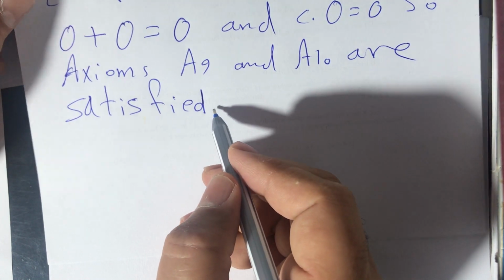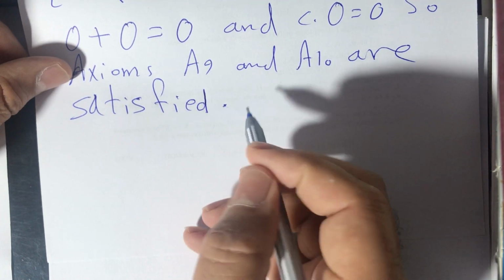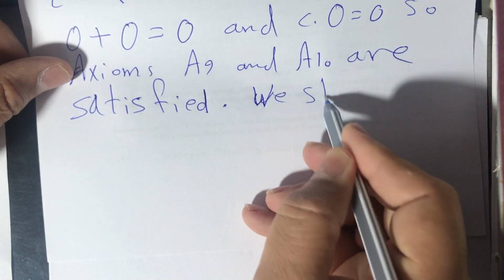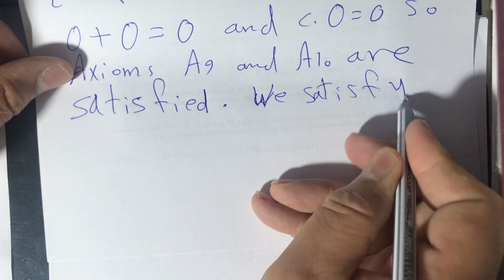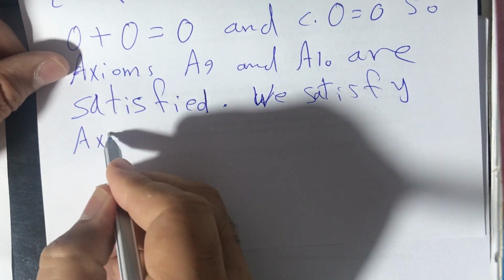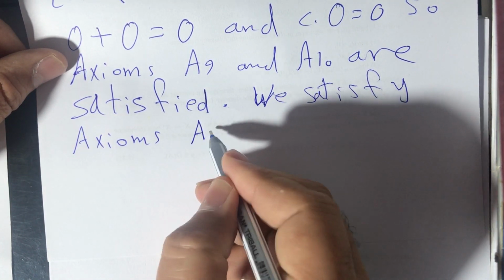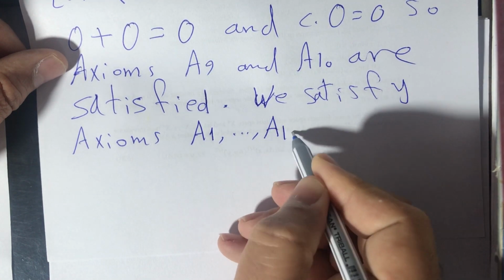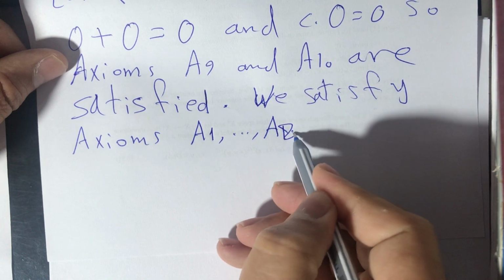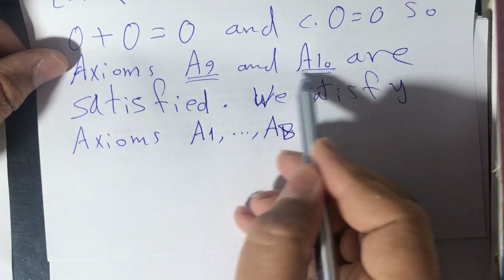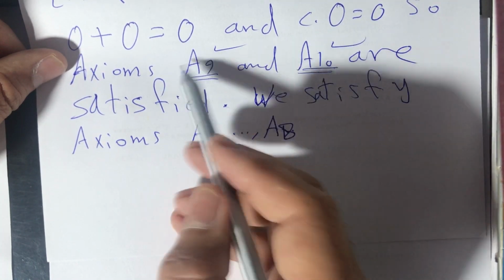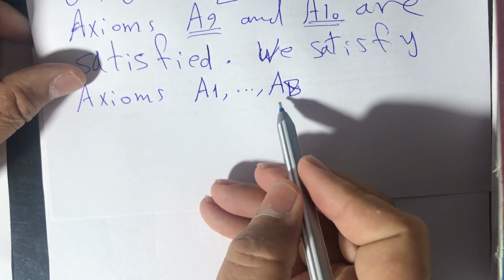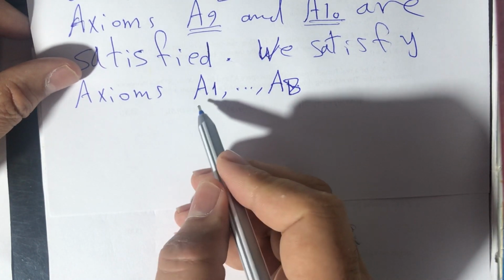And of course, we can satisfy axioms A1 till A8. We need just satisfy A1 until A8.